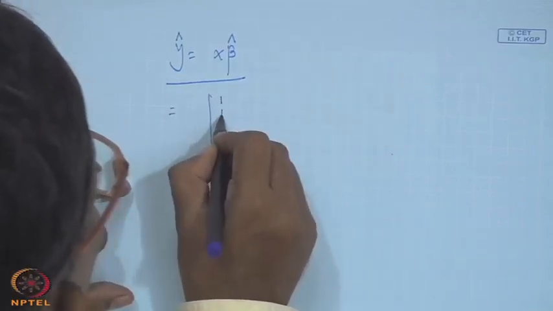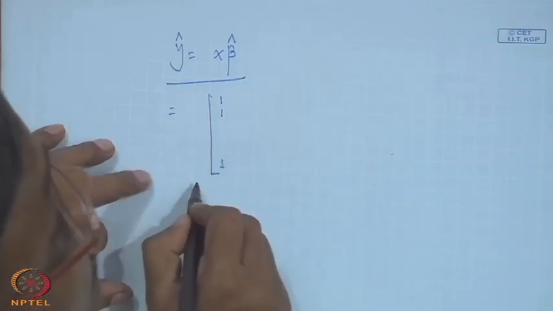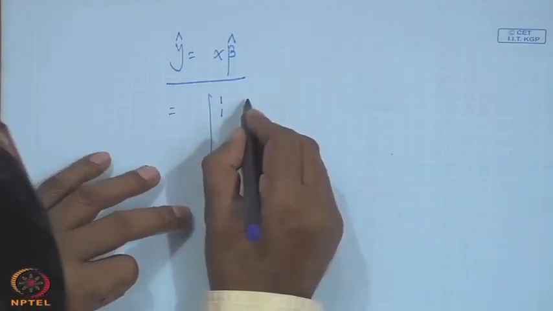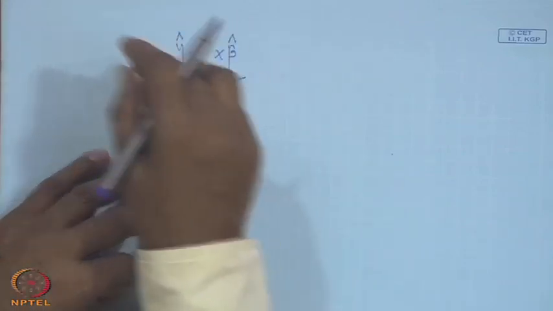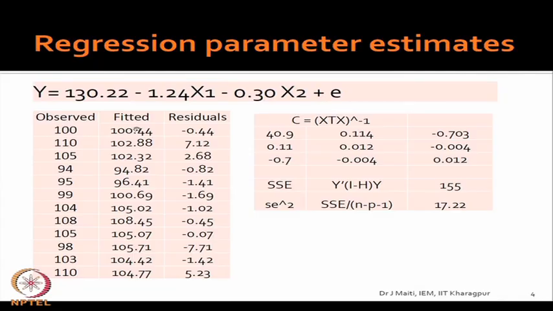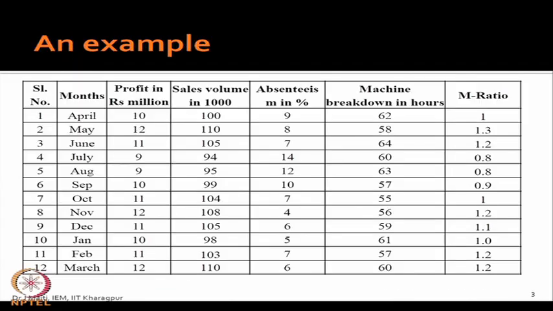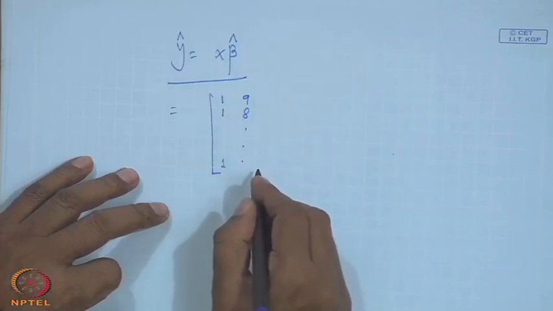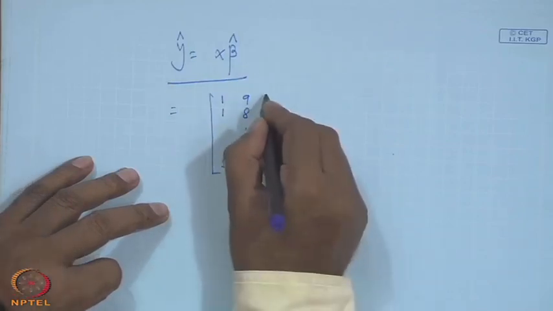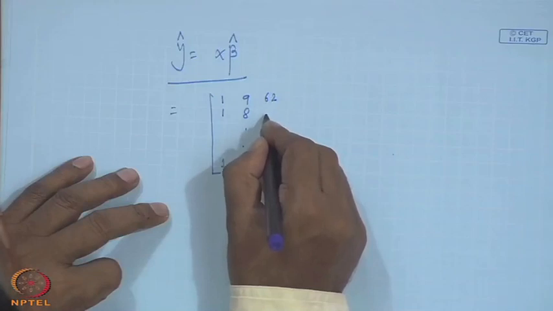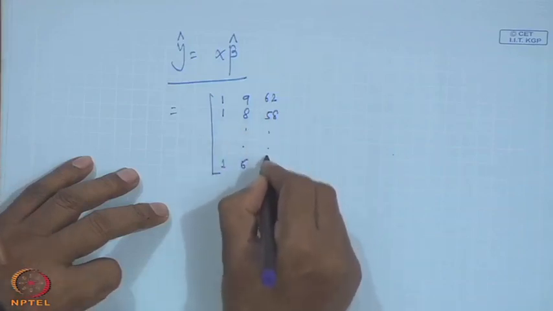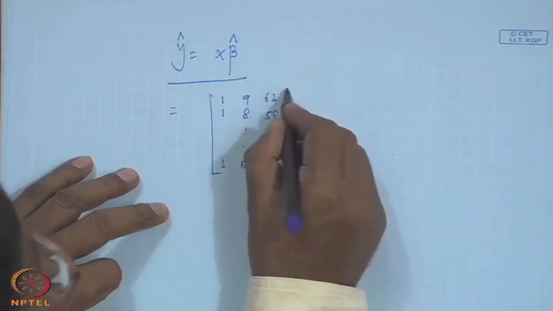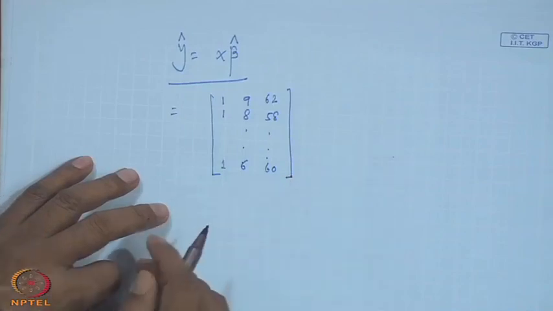The X matrix has 12 rows. The x1 and x2 values are absenteeism and machine breakdown hours: absenteeism like 9, 8, and so on up to 6, and breakdown hours 62, 58, up to 60.